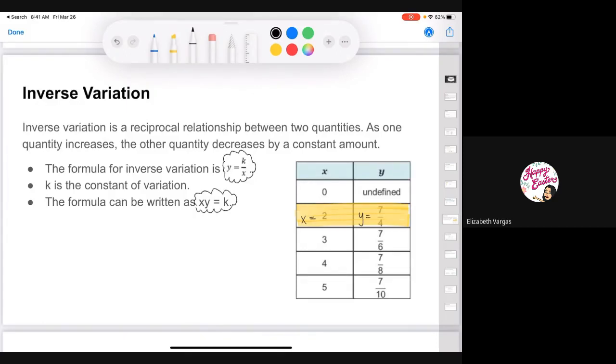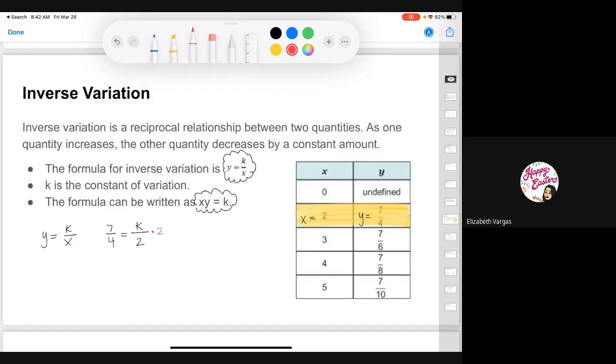So how can I go ahead and do that? Well, I'll use this one: Y equals K over X. Here I see that my Y is 7 over 4, and I'm looking for my K. And my X is 2. So this is what I'm left with. Well, I need to isolate my K to find my constant variation.